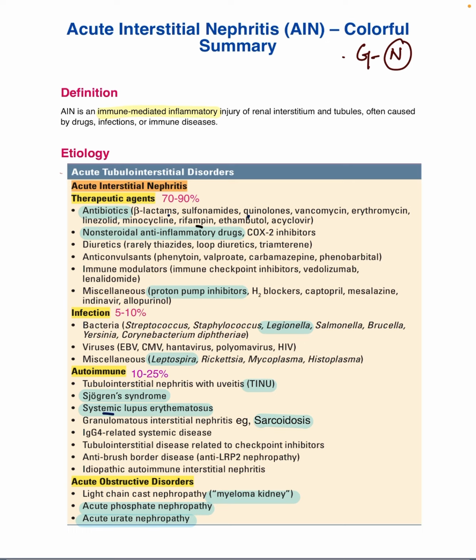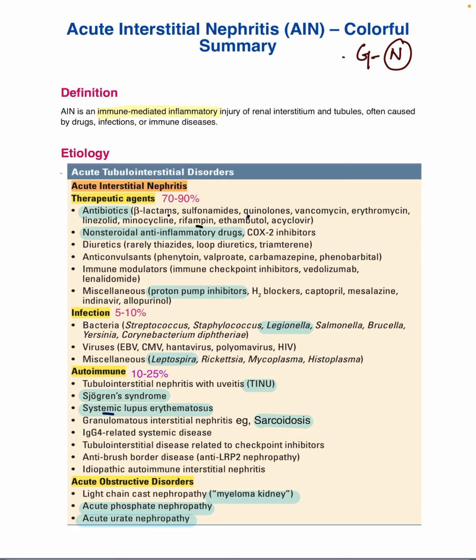Next, infection-related causes of acute interstitial nephritis. It includes tuberculosis, various bacterial infections including leptospira and legionella, and viral infections, that is Epstein-Barr virus, cytomegalovirus, and HIV. Leptospira infection is very common in our day-to-day practice.